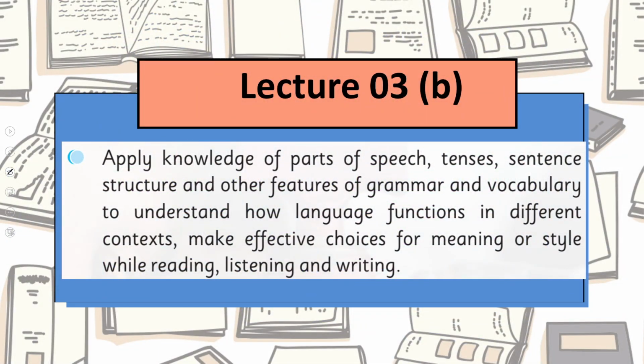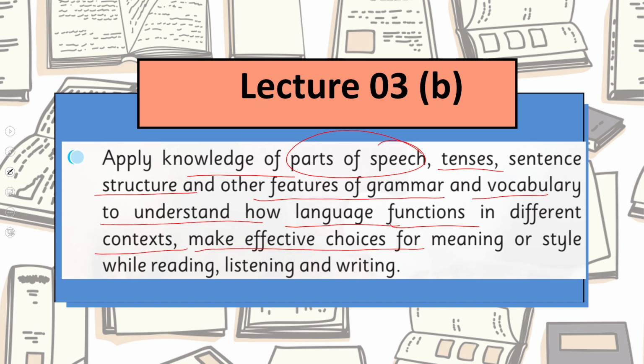All right, in the next lecture, we are going to talk about applying knowledge of parts of speech, tenses, sentence structure, and other features of grammar and vocabulary to understand how language functions in different contexts, make effective choices for meaning or style while reading, listening, and writing.